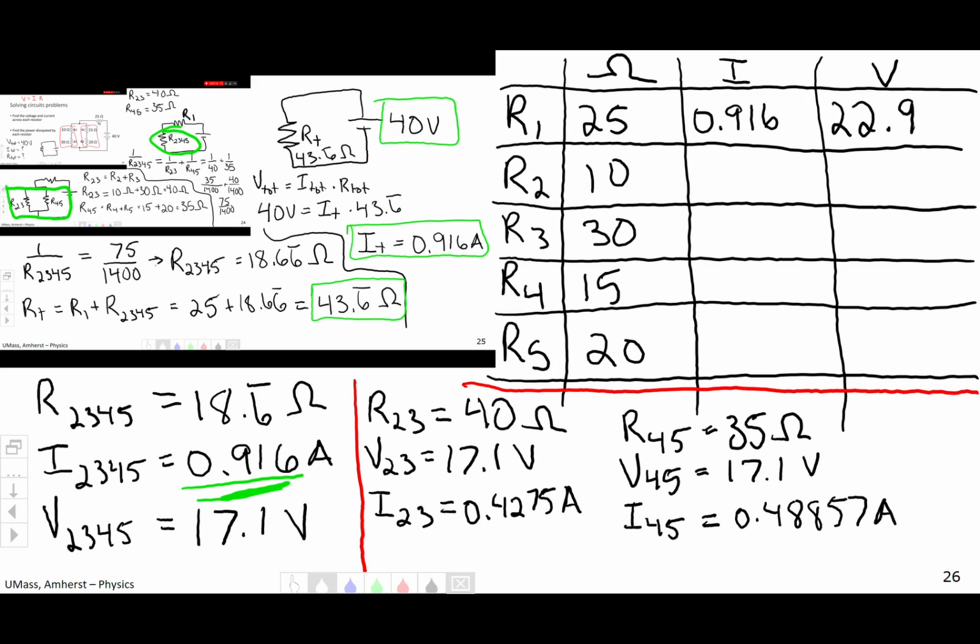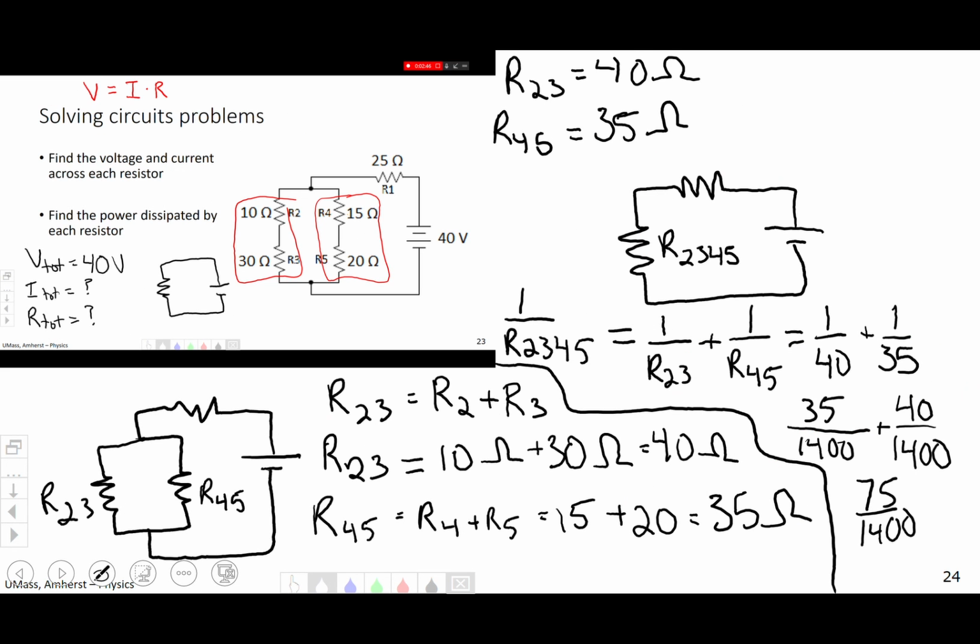So we're getting there. We still have some stuff to put into this table. However, we can actually fill in some things. So let's scoot back a few frames here and remember that R23 is R2 and R3 in series. Series means that those resistors receive the same current.